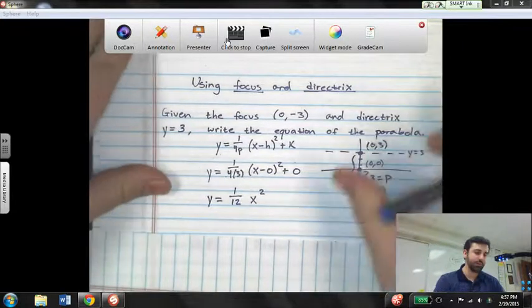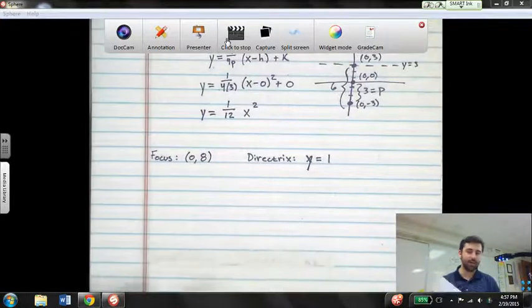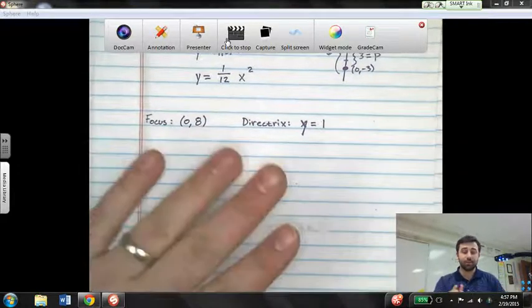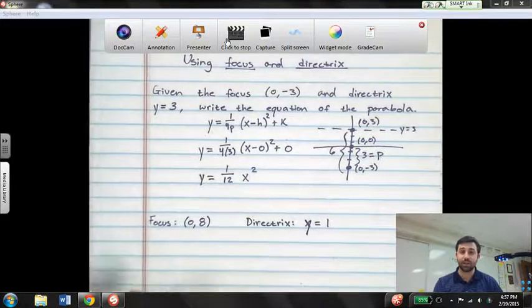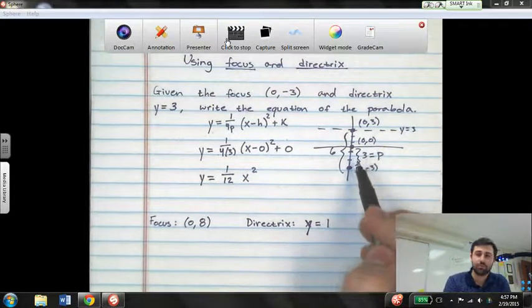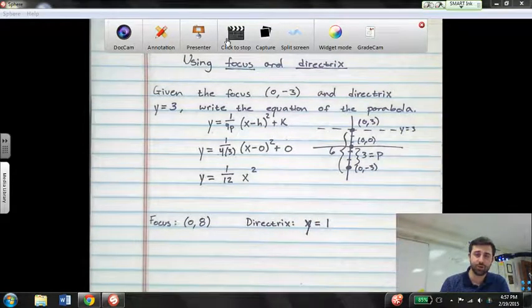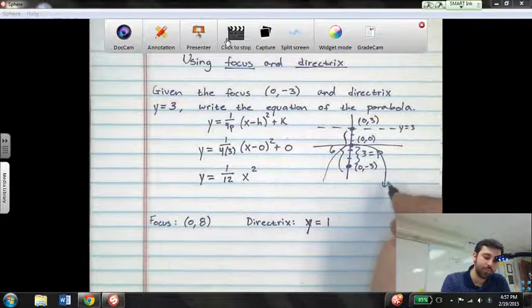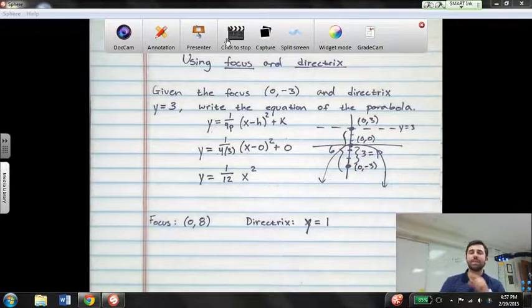A more complicated example is given the focus at 0, 8 and a directrix. Oh, and before I forget, so that I don't have to delete this video and do a new one, I want us to look at the picture and sketch the parabola. Look at the orientation of this parabola.